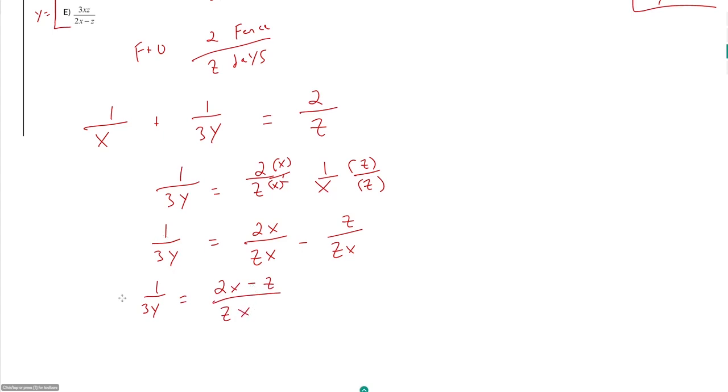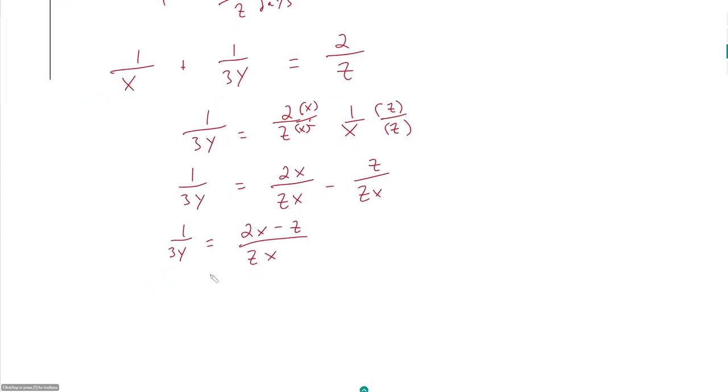Now I need to focus on getting Y equals, not 1/Y. To start, I want to move this 1/3 over. I'll multiply each side by 3. That gets rid of the 1/3, but I still have 1/Y on the left side, because this is really just 1/3 times 1/Y. So I multiply it by 3.